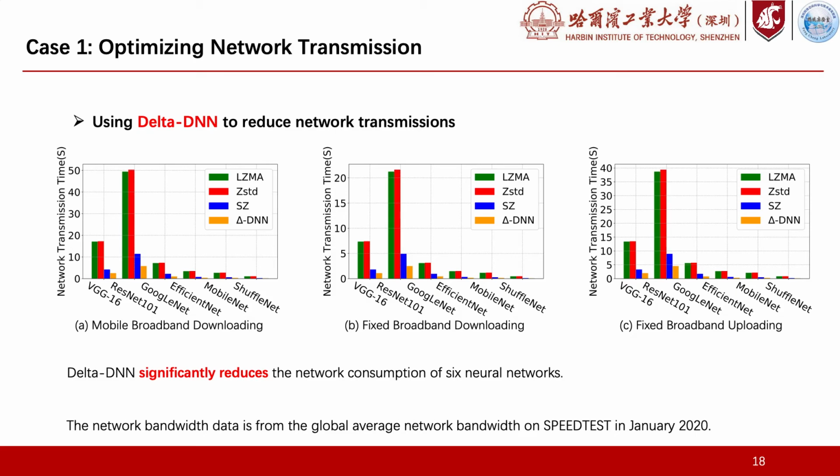As this subfigure shows, the test cost of network transmission of 6 DNNs. It can be seen that Delta-DNN significantly reduced the network consumption. This is because Delta-DNN compressed DNNs about 10 times smaller than other ways.